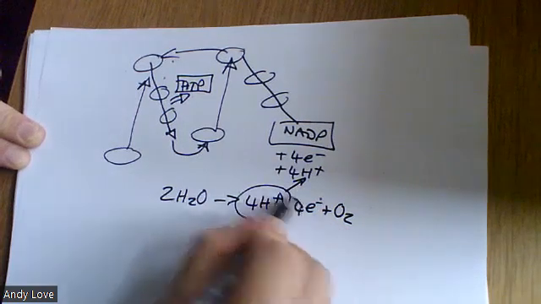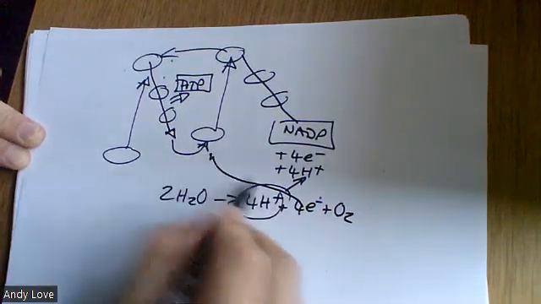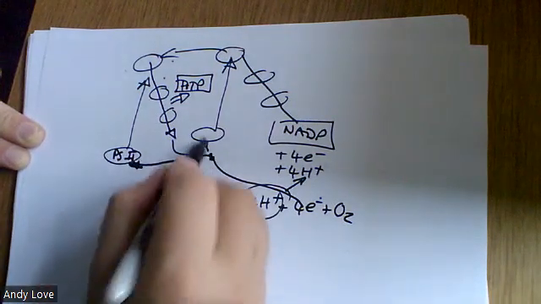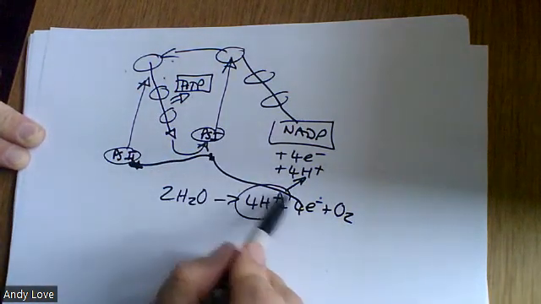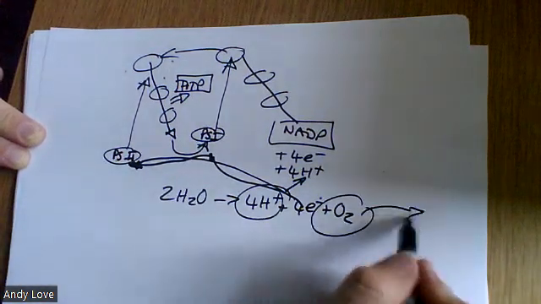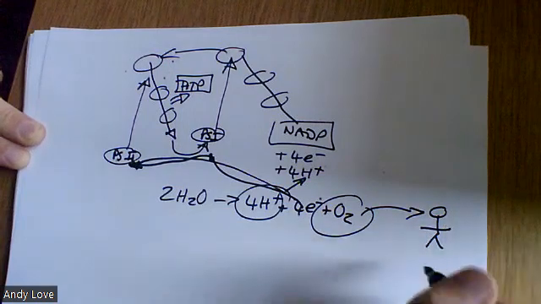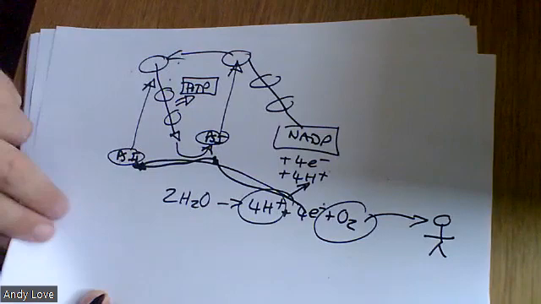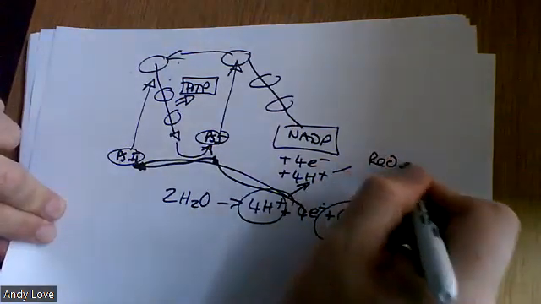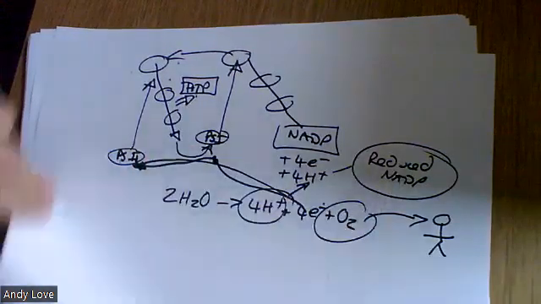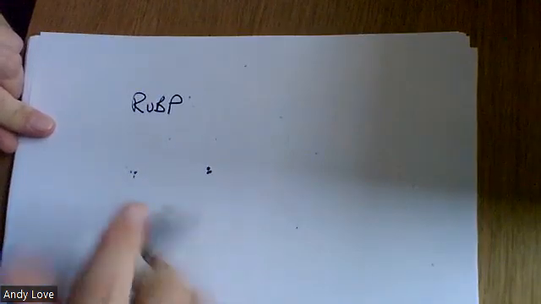That goes there. That replaces those. PS2, PS1. Okay, that replaces that one. And the oxygen, well, that goes into you, me, the hamster, the tortoise, whoever wants it. Okay, so what do we have? We've got reduced NADP, and we've got ATP, and they go off into the light independent reactions.